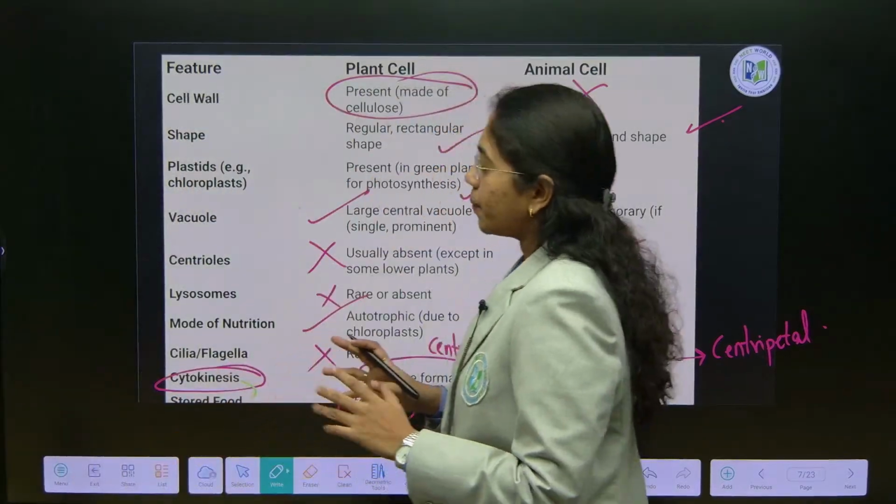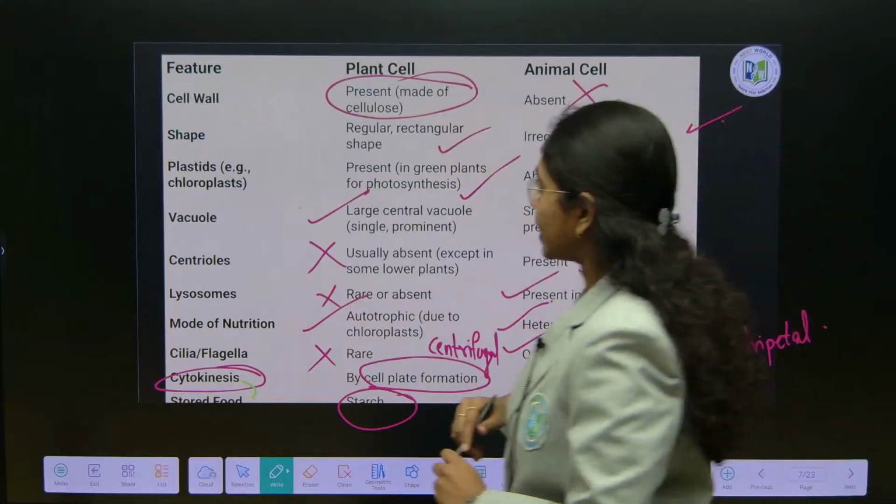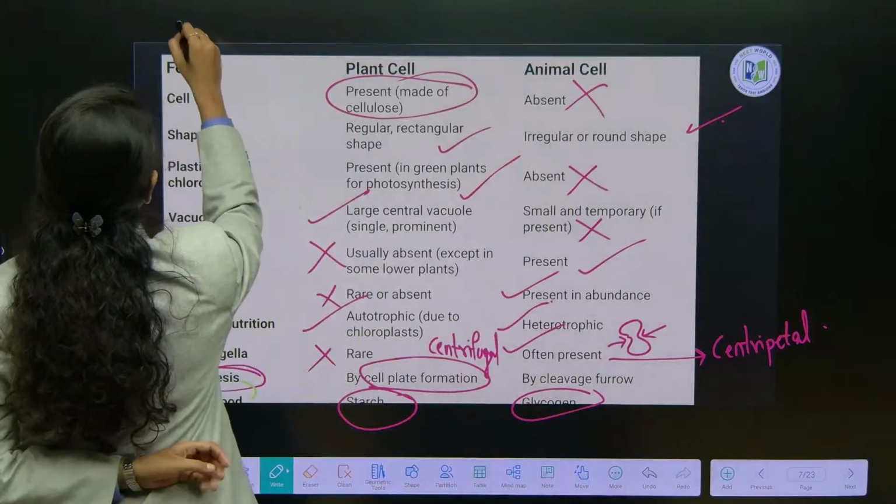Now, here you can see one major difference of Golgi bodies again between plant cell and animal cell.